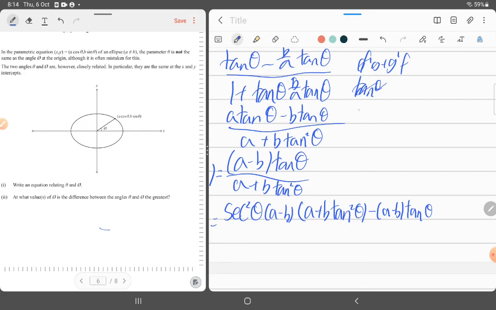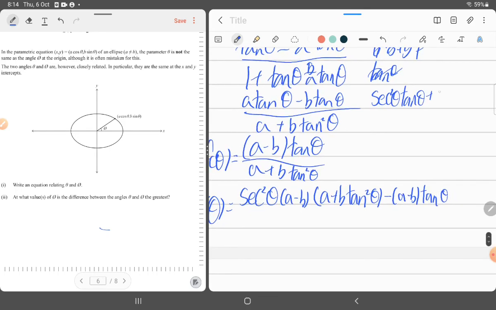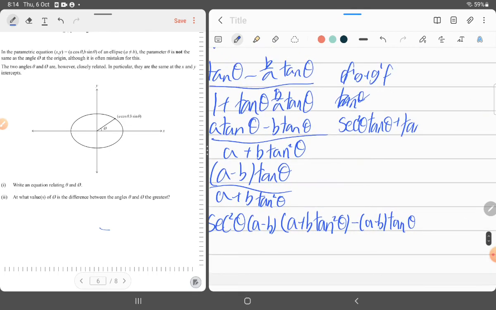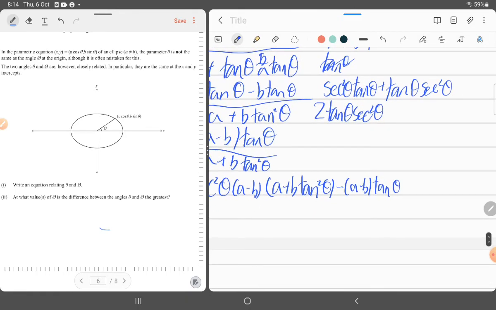How do I do that? sec squared theta tan theta plus, so that's 2 tan theta sec squared theta. Actually there's a 2 in front here, sec squared theta.